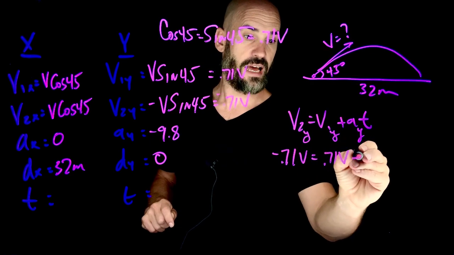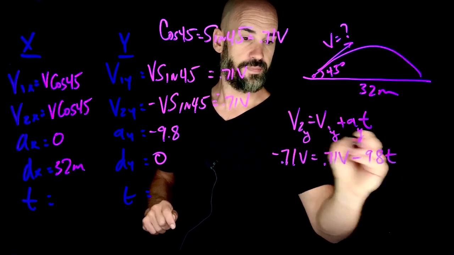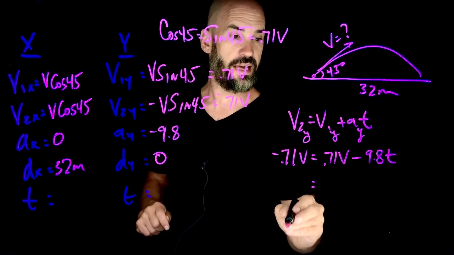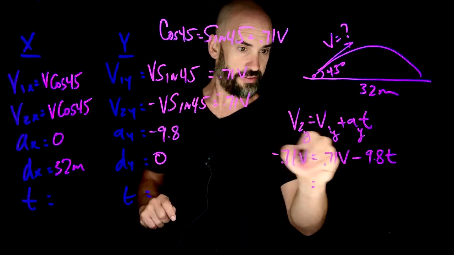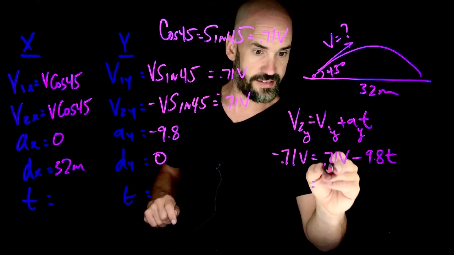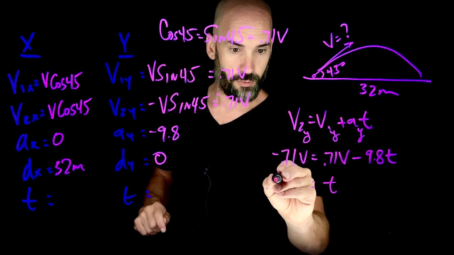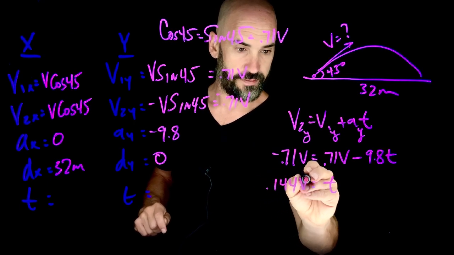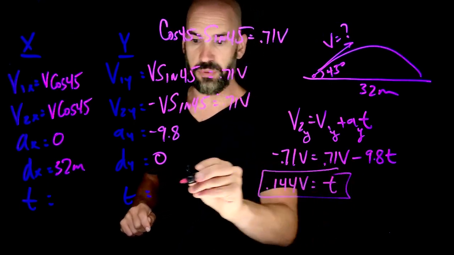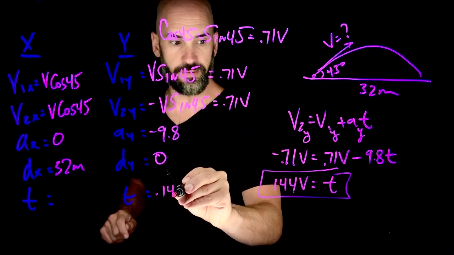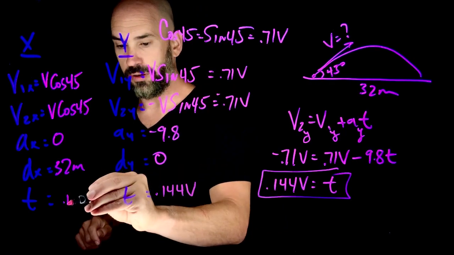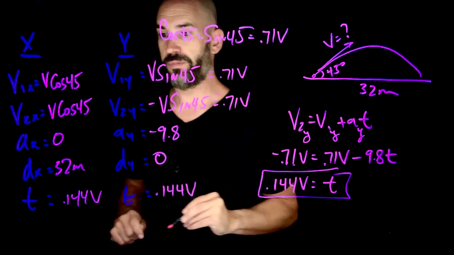A is negative 9.8, t, right? And so if I put all this together, I get a t of 0.144 v, okay? Now I can put that in for both of these, 0.144 v here and 0.144 v over here, okay?